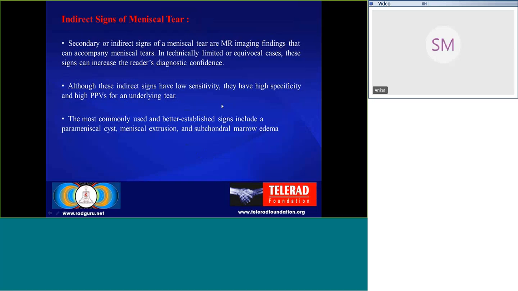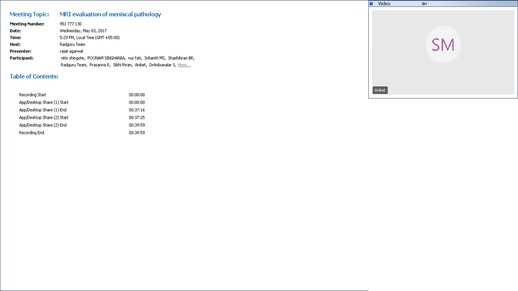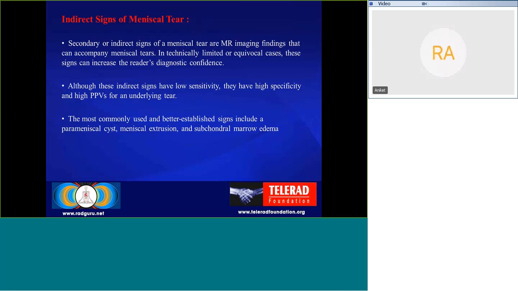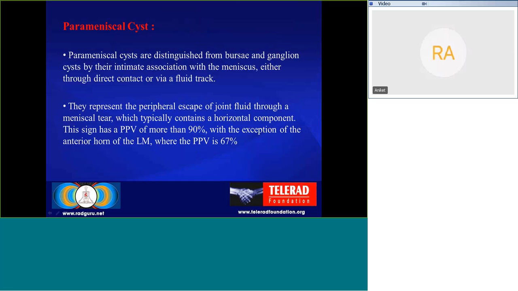Okay. So indirect signs of meniscal tears. Secondly, commonly used or better established indirect signs of meniscal tear include the parameniscal cyst, the meniscal extrusion, or subchondral marrow edema.